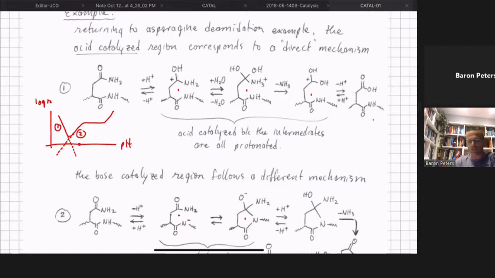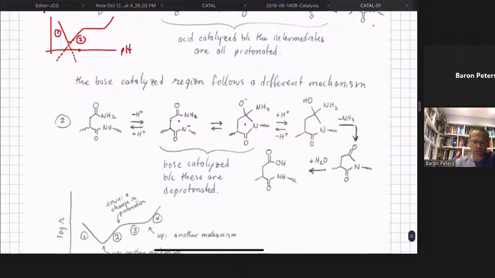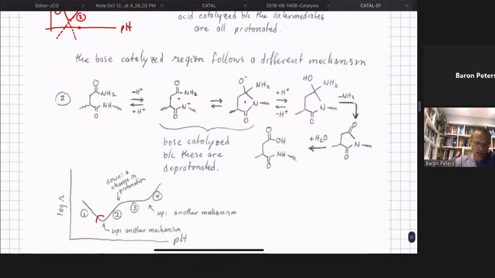They're both making contributions to the rate at that point. So these are examples of Loudon's rules. You now know how to interpret things that look like an upward bend. These are changes in the sequence of intermediates and elementary steps, and downward bends in the pH versus rate profile correspond to changes in the predominant protonation state.